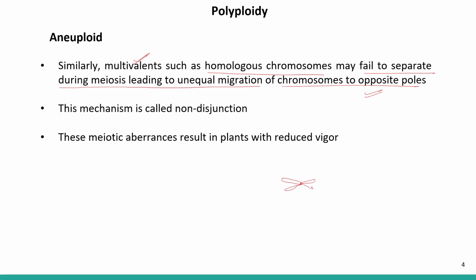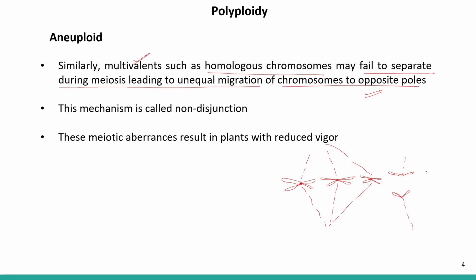At the time of meiosis, the chromosomes are arranged like this, and spindle fibers are attached to the poles. The centromere splits and the chromatids move to the poles.